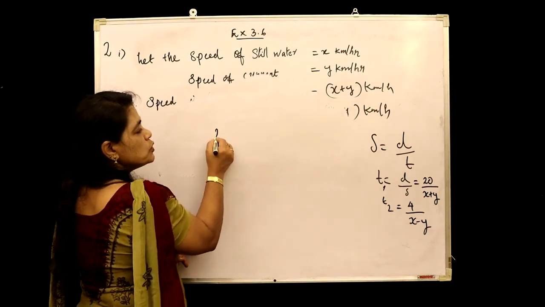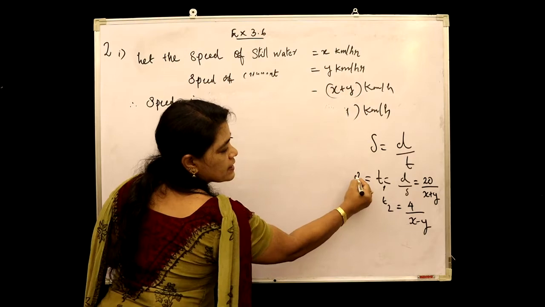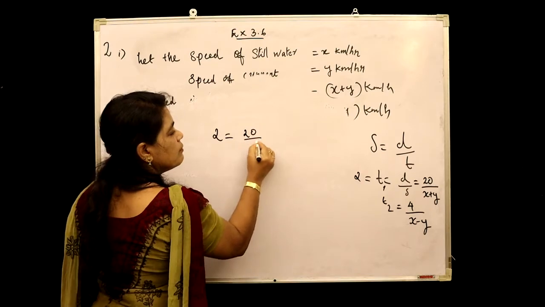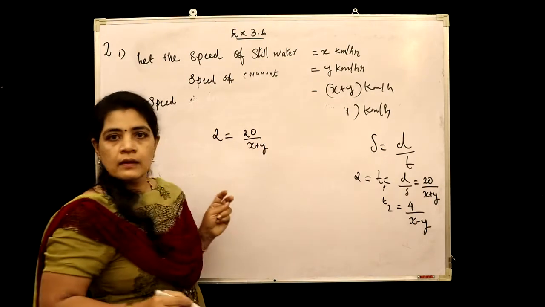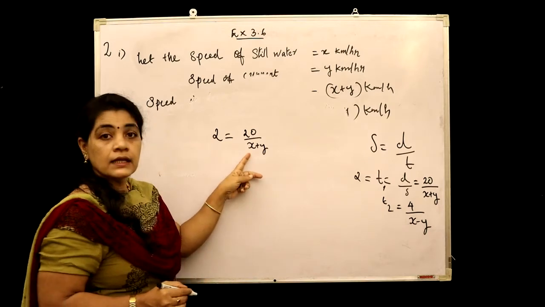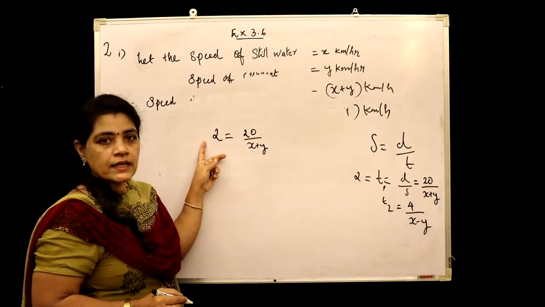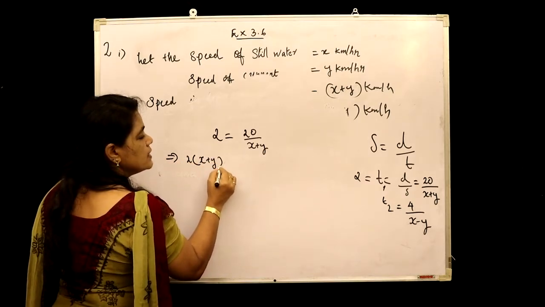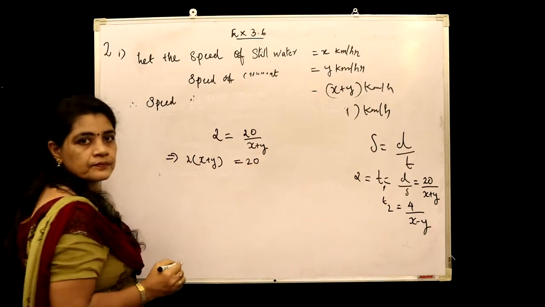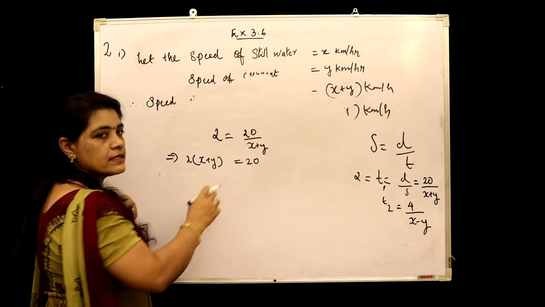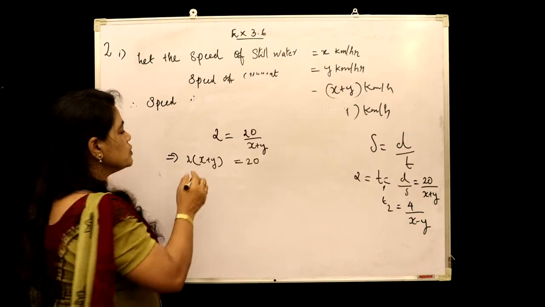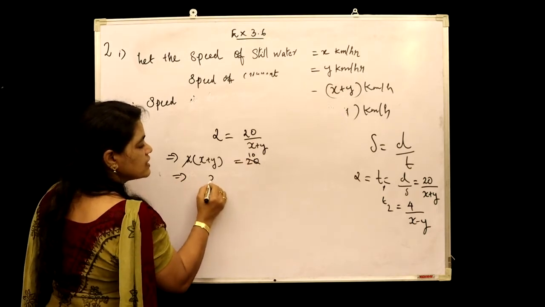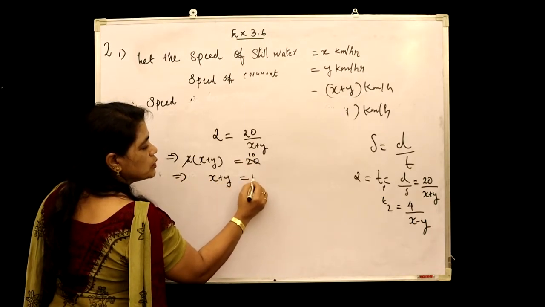So we can write 2 is equal to 20 divided by x plus y. From this you can take this x plus y to the left side under multiplication. So 2 into x plus y is equal to 20. From LHS and RHS 2 is common, right? So 2 gets cancelled, 2 in 20, 10 times, that means x plus y is equal to 10.